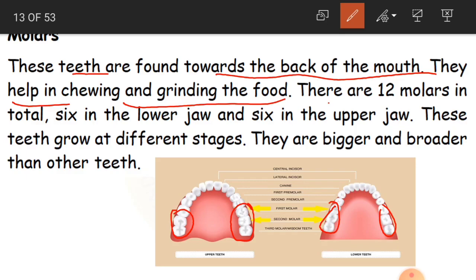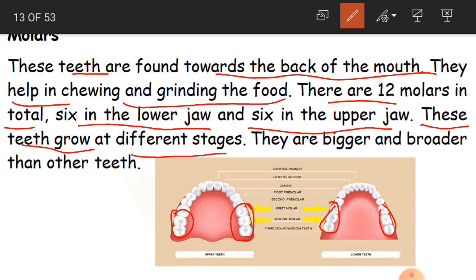And there are 12 molars in total, 6 in the lower jaw and 6 in the upper jaw. So how many molars will we have? We'll have 12 molars, 6 in the lower jaw and 6 in the upper jaw. Okay, children? And these teeth grow at different stages.